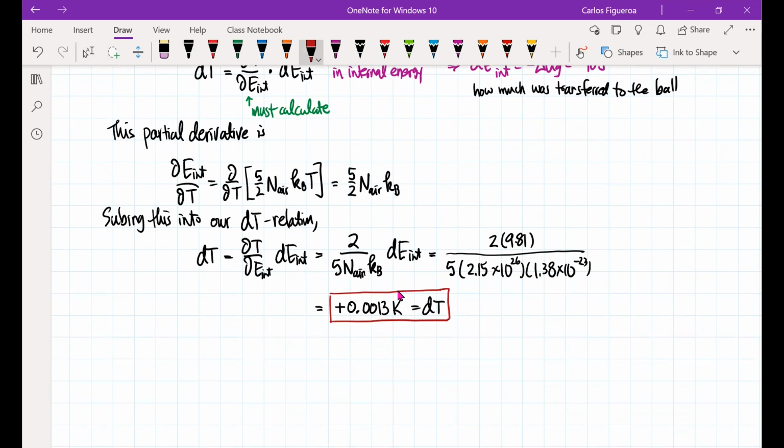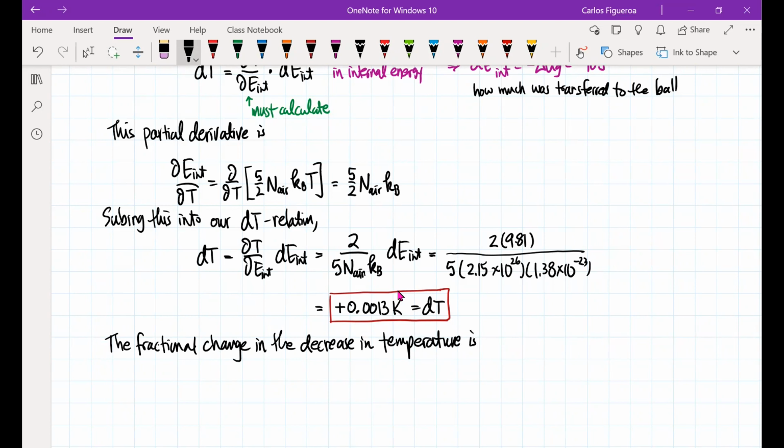We know that it's a decrease, so then the fractional change in the decrease in temperature is going to be dT over T. That's got to be 0.0013 divided by the room temperature.